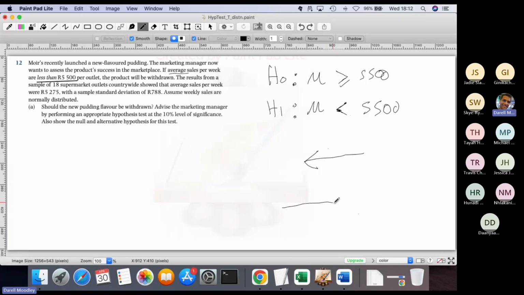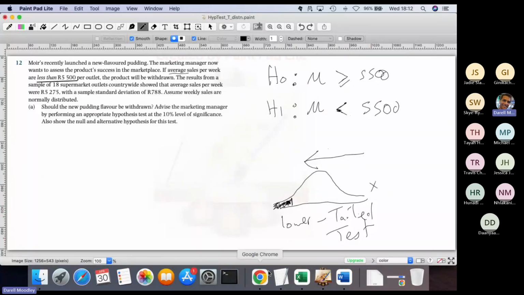That means the rejection region is on the left. If I draw my curve, the rejection region is here as the arrow is pointing. So it's telling me it's a lower tail test, because the rejection region is on the lower side, not on this side.